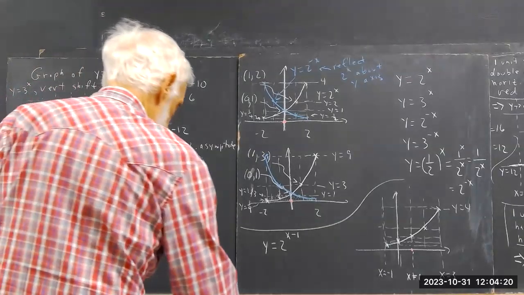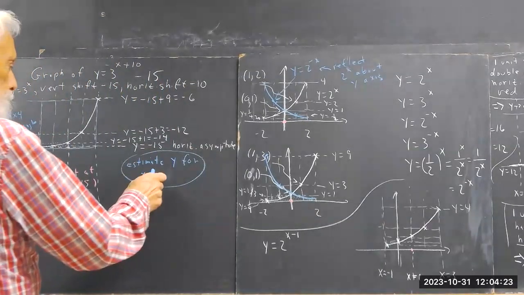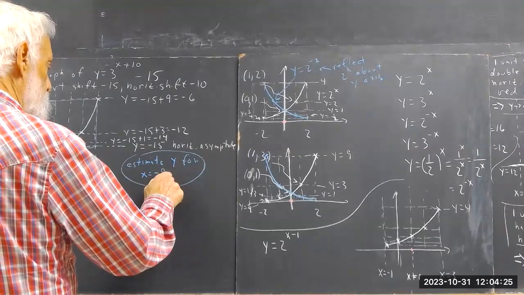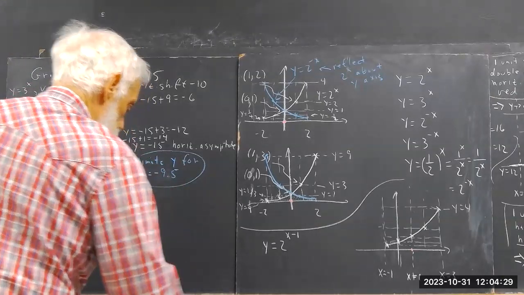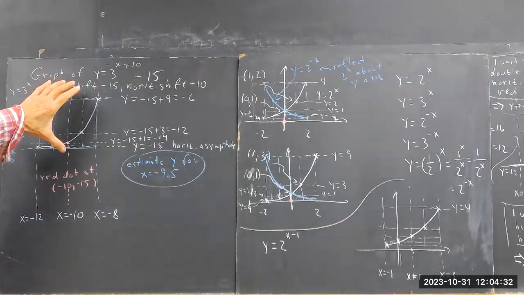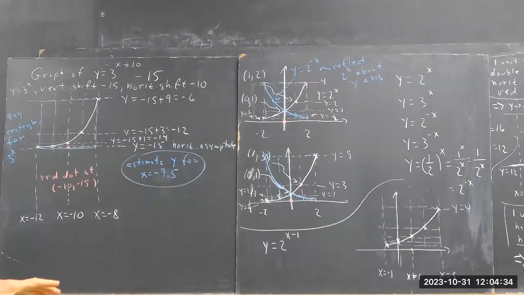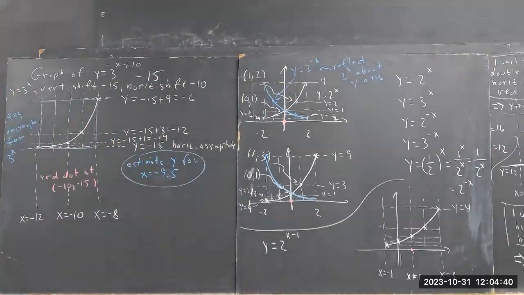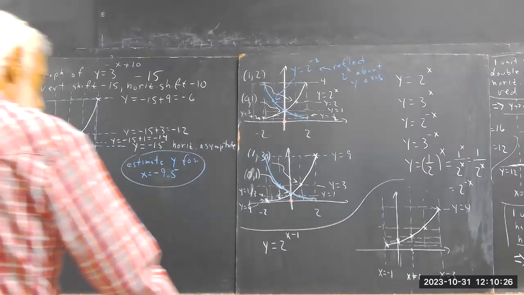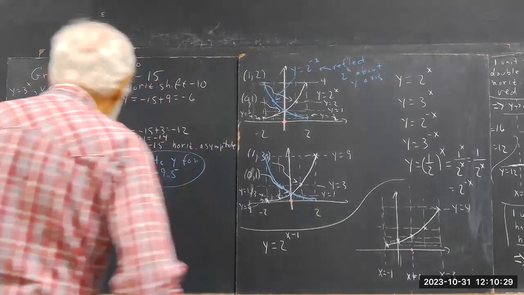The point I was going to look at to get a fairly good estimate is x equals negative 9.5. What you want to do is construct this graph on your paper, the way I've done it, and then see what you got. Okay, so make the estimate.